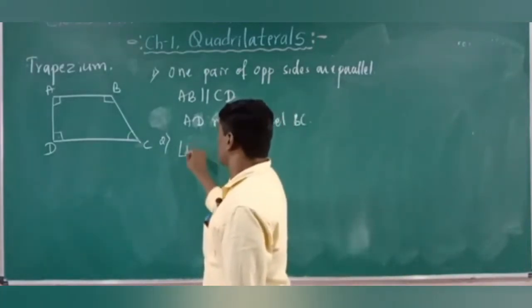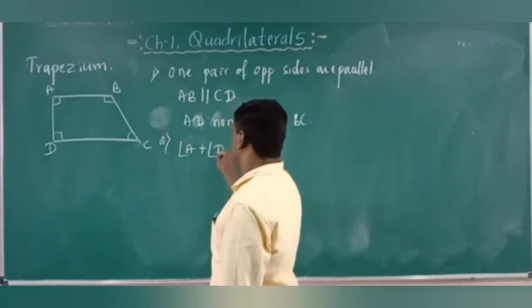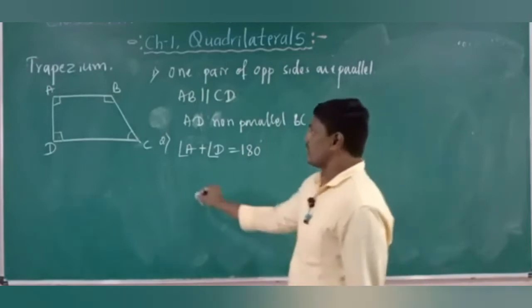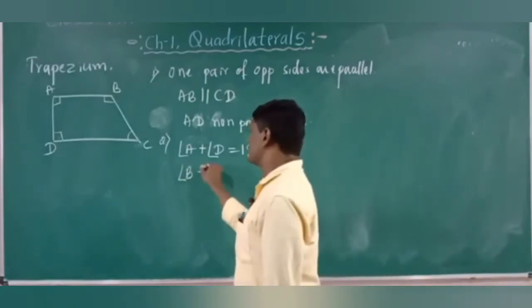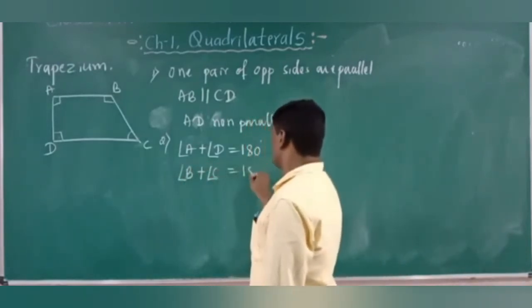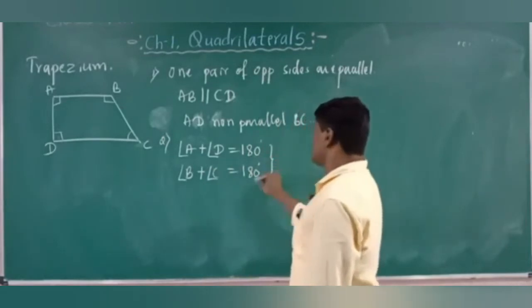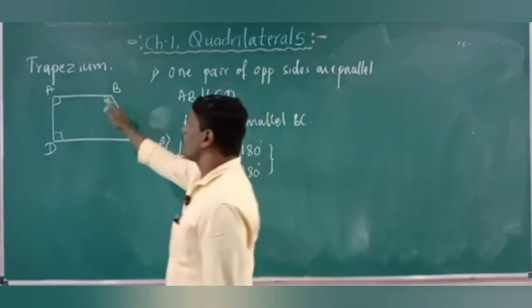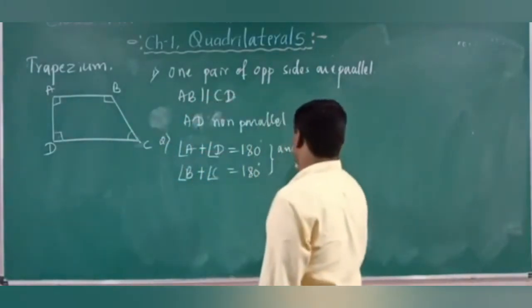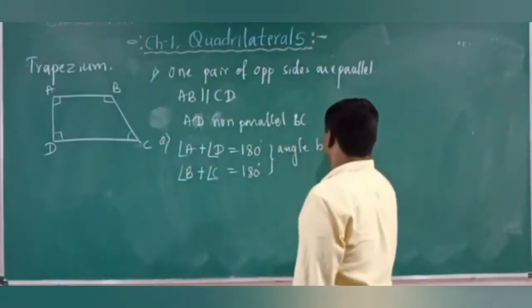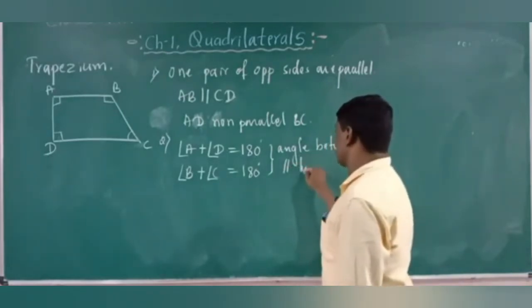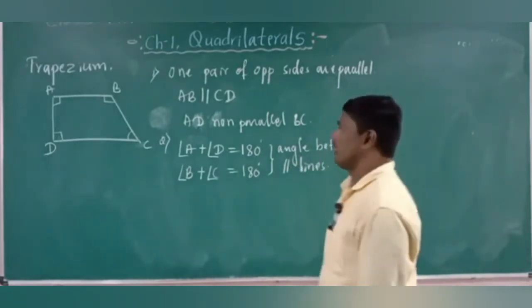So angle A plus angle D is equal to 180 degrees. This is the first pair. Second one, angle B plus angle C is equal to 180 degrees. These two are the angles formed between the two parallel lines.